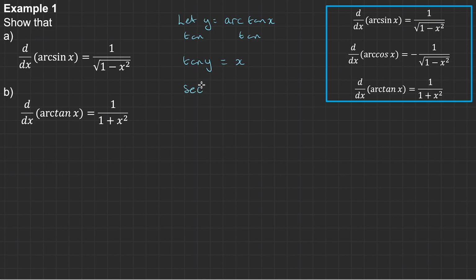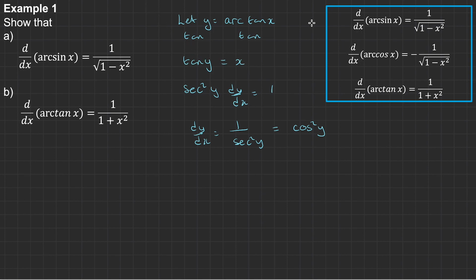We'll get sec squared y dy by dx is equal to 1. So dy by dx will be equal to 1 over sec squared y. But we know that sec squared is 1 over cos squared. So this can be written as cos squared y.